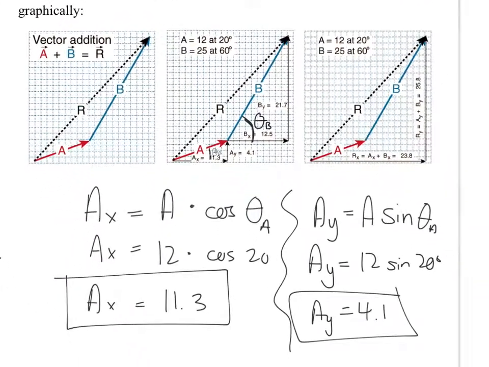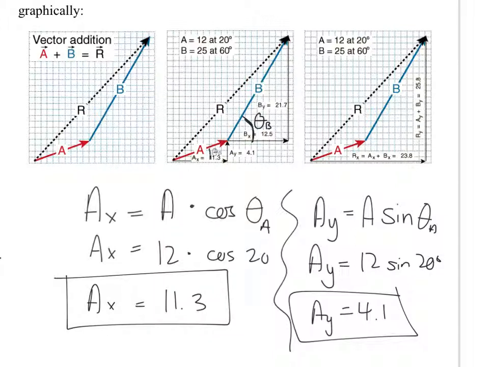And what we're noticing is this. If I calculate the horizontal component of vector A and the horizontal component of vector B and add those numbers together, I get 23.8. If I add the vertical components together, I get 25.8. How can I get the resultant from this information?